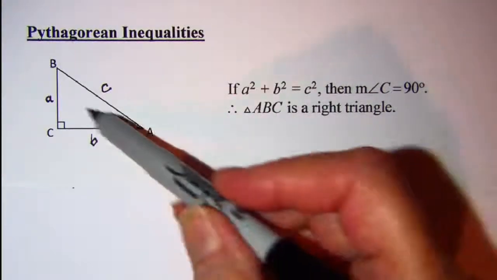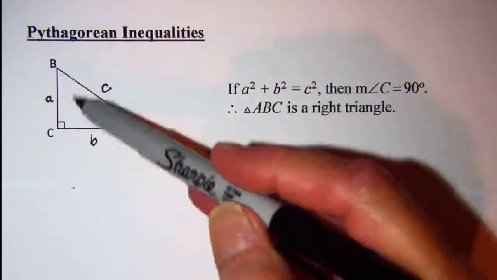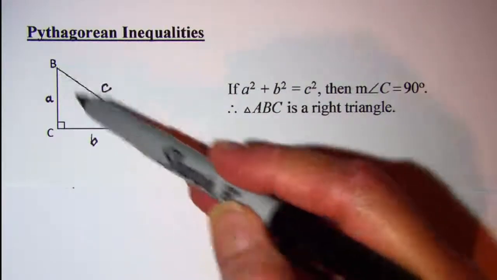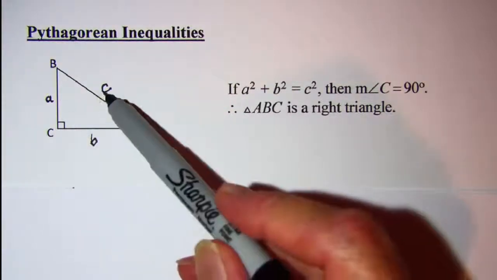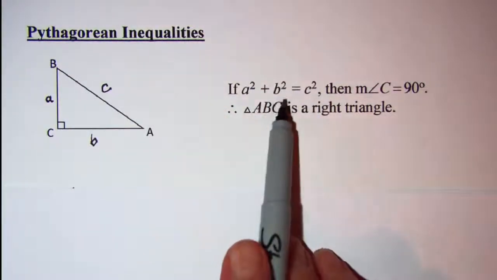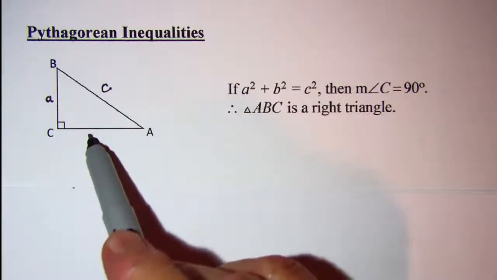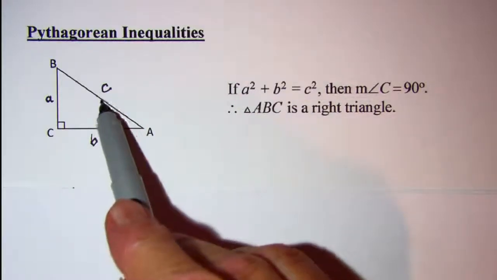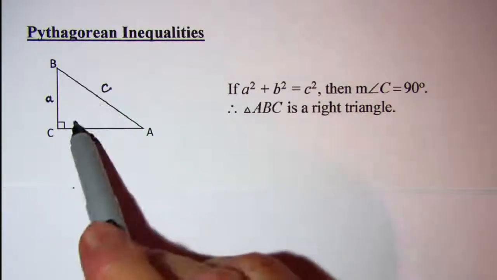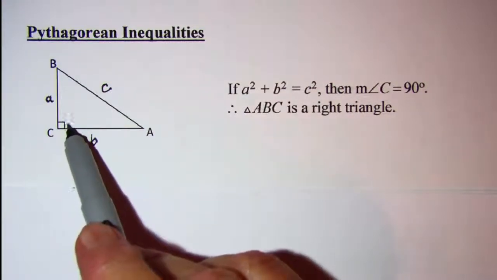Side A is across from angle A, side B is across from angle B, and side C is across from angle C. So basically this is saying that if the square of the two legs added together is equal to the hypotenuse squared, then angle C is a right angle, and triangle ABC is a right triangle.